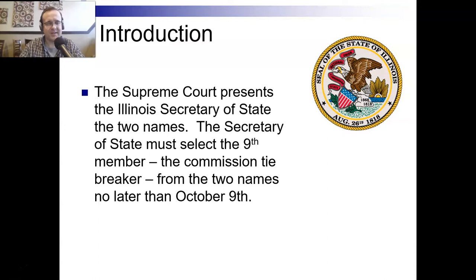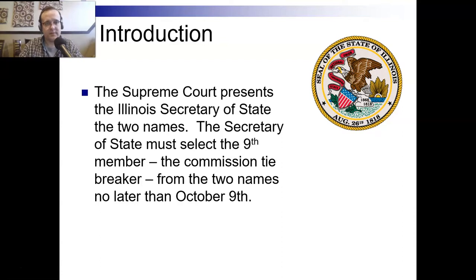And again, in the last couple of decades, this hasn't been a situation of if this happens, it's been a situation of when this happens. Because we live, again, in an age of hyperpartisanship, and nobody's agreeing on anything, and Democrats and Republicans can't work together, and you guys know exactly what I'm talking about.